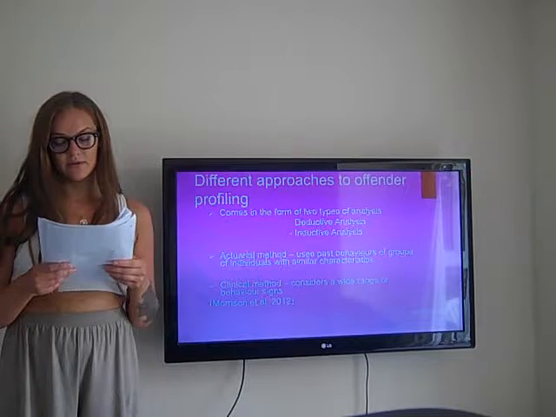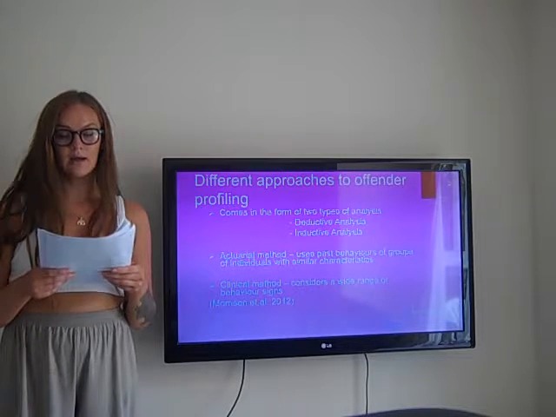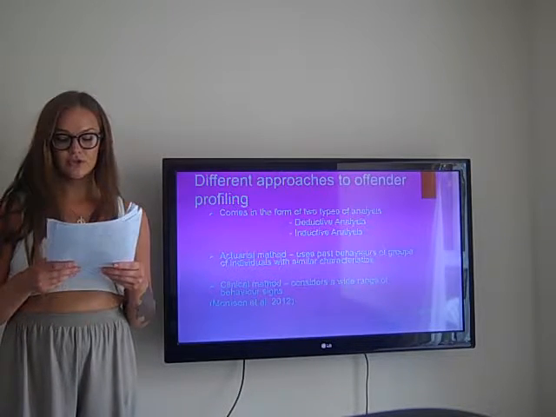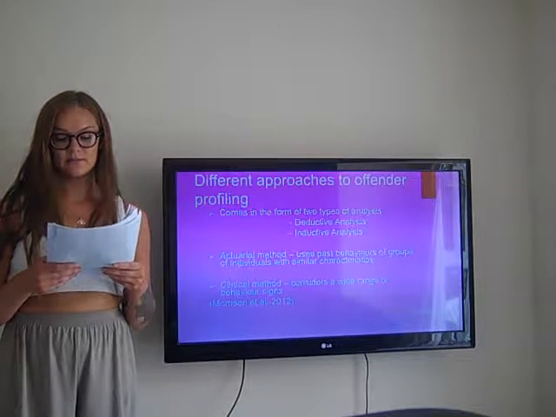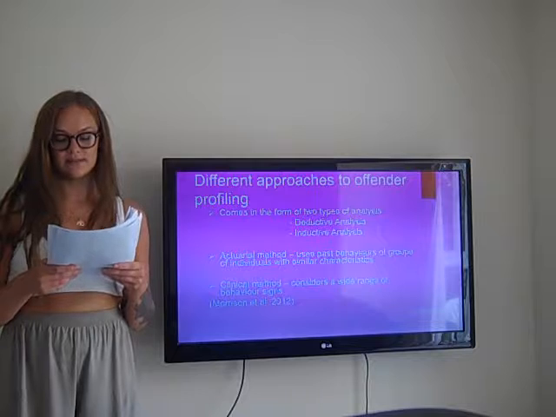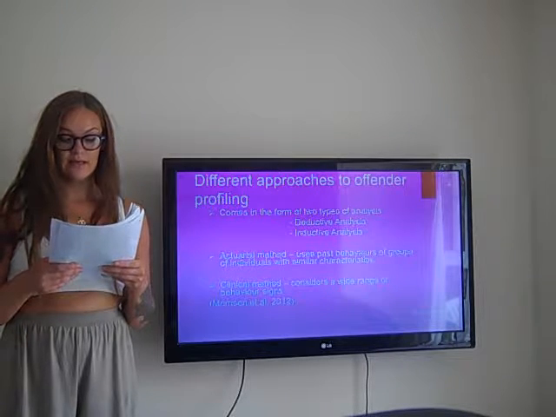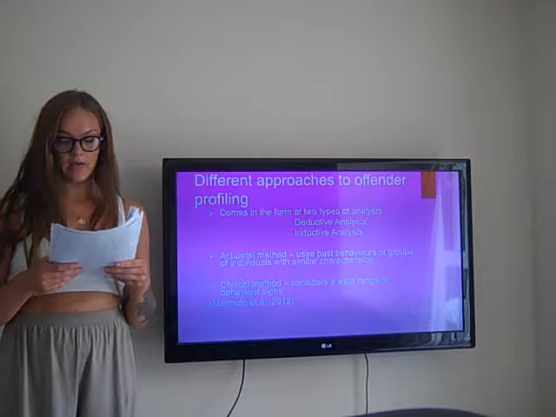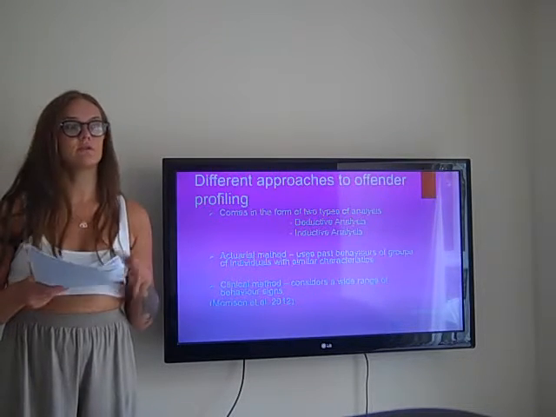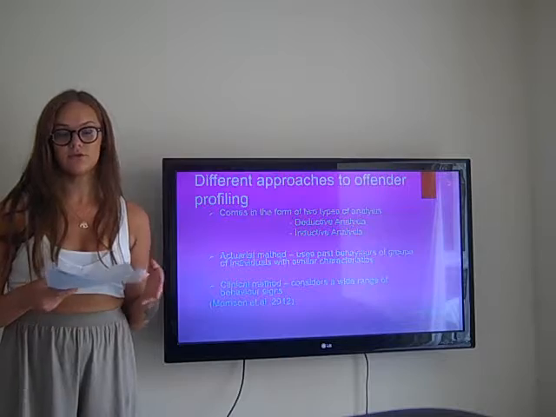There are two types of methods. They include actuarial and clinical. The actuarial method uses collective past behaviours of groups of people who have similar characteristics. Contrastingly, the clinical method considers a wide range of behaviour cues, focusing specifically on the individual they're trying to work out.